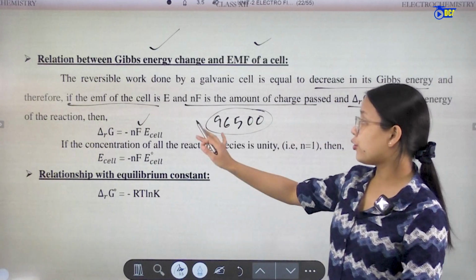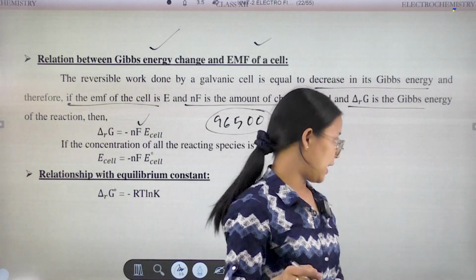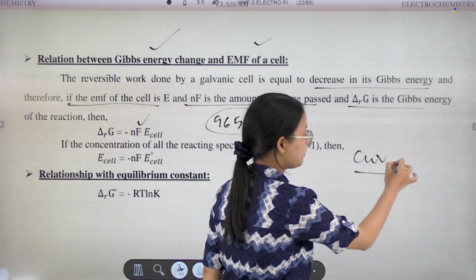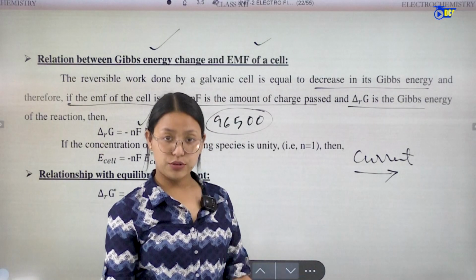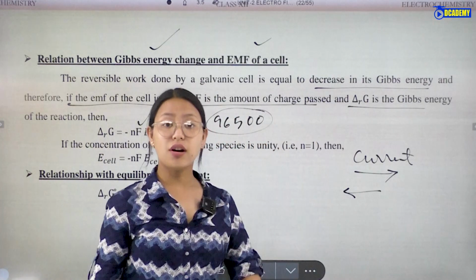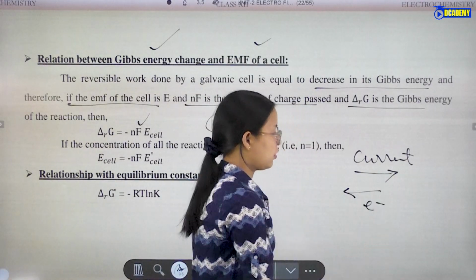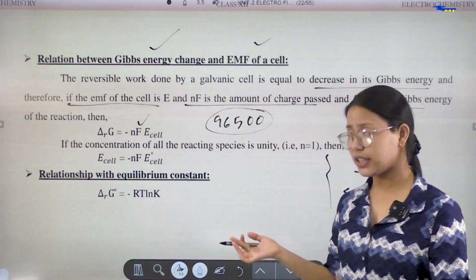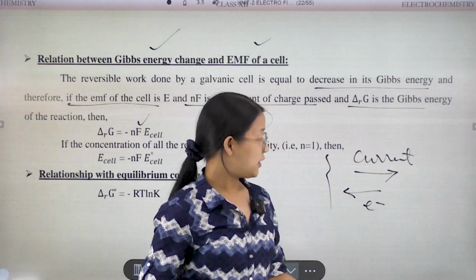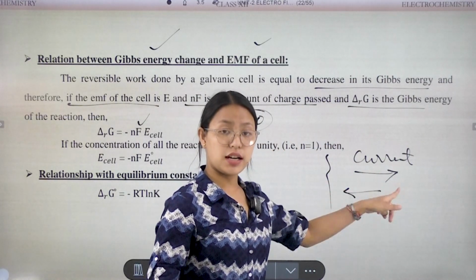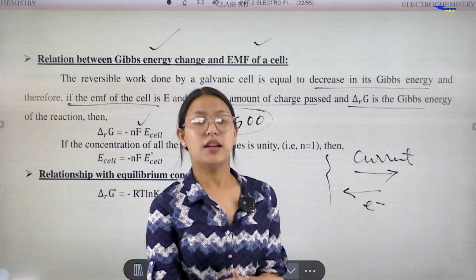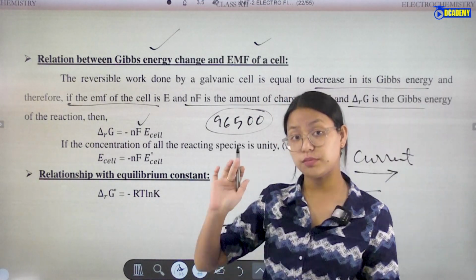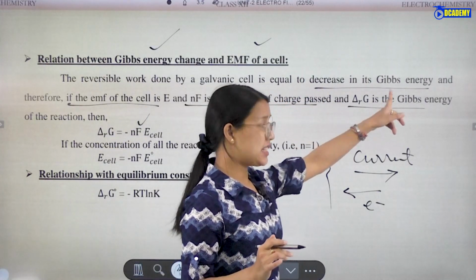Why reversible work? That means when the electrochemical cell is working, the direction of the current and the direction of the electron are opposite, and reversible work is done. That means if the electron direction opposes the current direction, it is reversed. So the reversible work done by a galvanic cell is equal to the decrease in the Gibbs free energy.